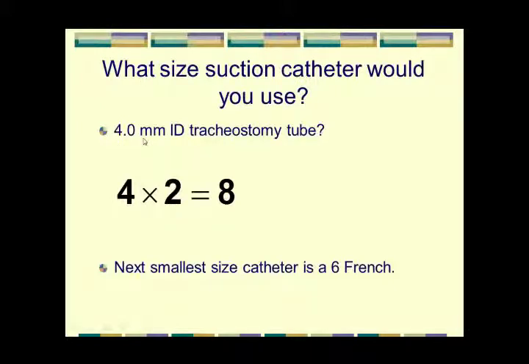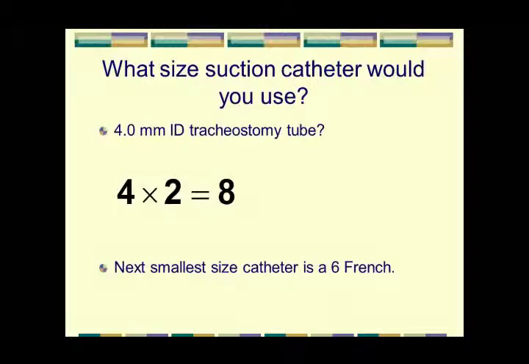Suction catheters are in French sizing. We measure the tracheal tube size in millimeters of internal diameter. What you want is a suction catheter that does not occupy more than two-thirds, no more than half, of the diameter of the airway.